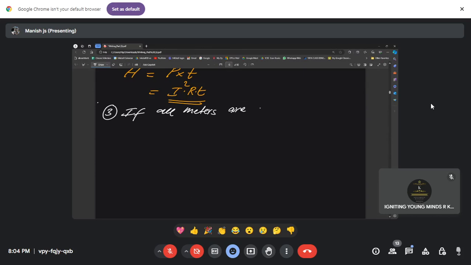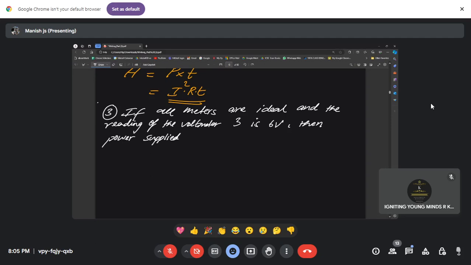If all meters are ideal, and the reading of the voltmeter 3 is 6 volts, then the power supplied by the voltage source is.